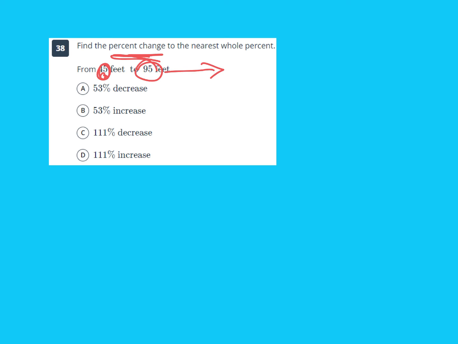So first of all, we know that it increased, right? So it went from 45 to 95. 95 subtracted by 45 equals 50. So that is the actual change.